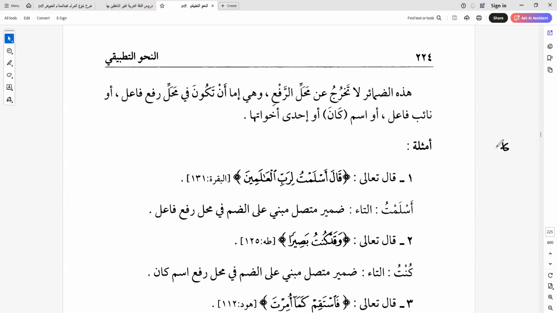Remember كان and his sisters, what do they do? يرفع المبتدأ, isn't it? ويسمى اسمها, right? ترفع المبتدأ وتسمى اسمها, and then with the خبر it becomes نصب, and then it is called خبرها.